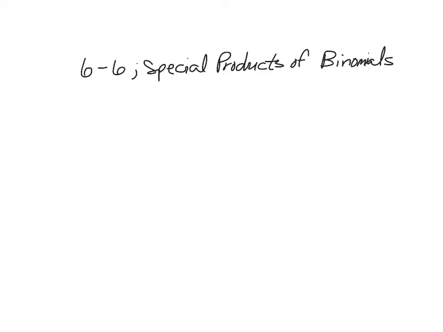Okay, so all 6 is some tricks of how to make multiplying binomials a little bit easier or quicker. Whenever you have x or y or some variable plus something else and it's squared, you can write it in the form of a squared plus 2ab plus b squared.